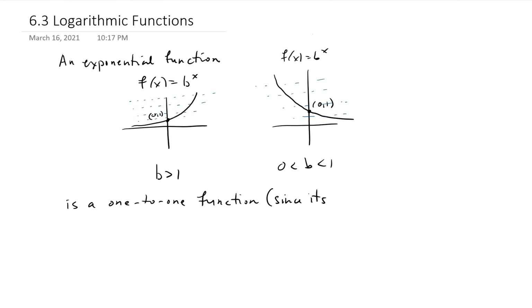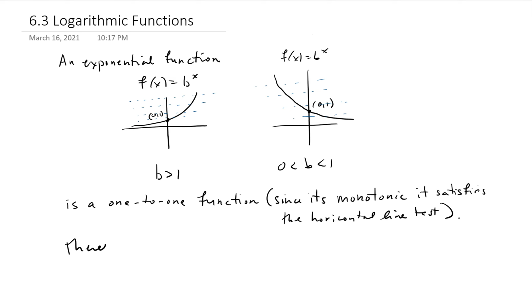When it's either just increasing or just decreasing, we say it's monotonic. It satisfies the horizontal line test. Okay, so that means it has an inverse. So therefore, it has an inverse.